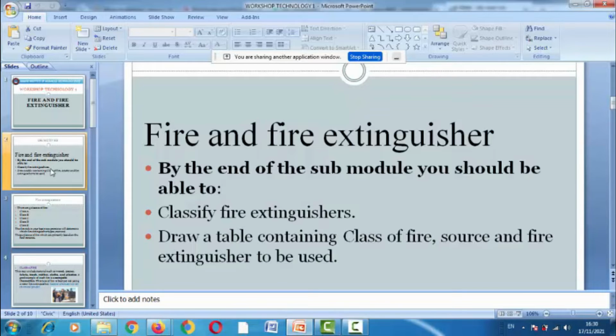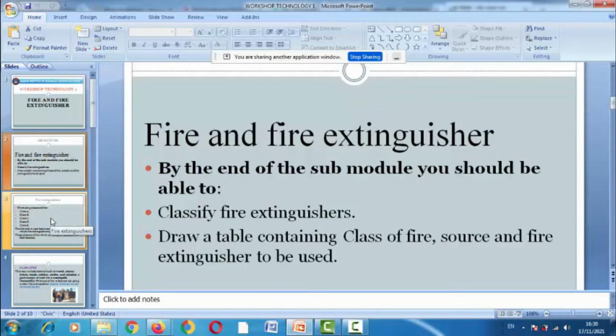For example, if the source of fire is petrol, when you mix petrol and water, which one goes up? Petrol. Okay, thank you, Gibson. Petrol goes up, so the fire will continue burning.